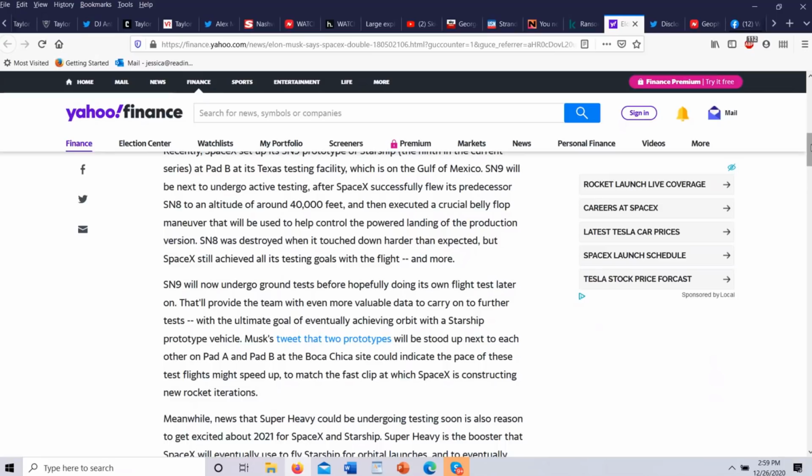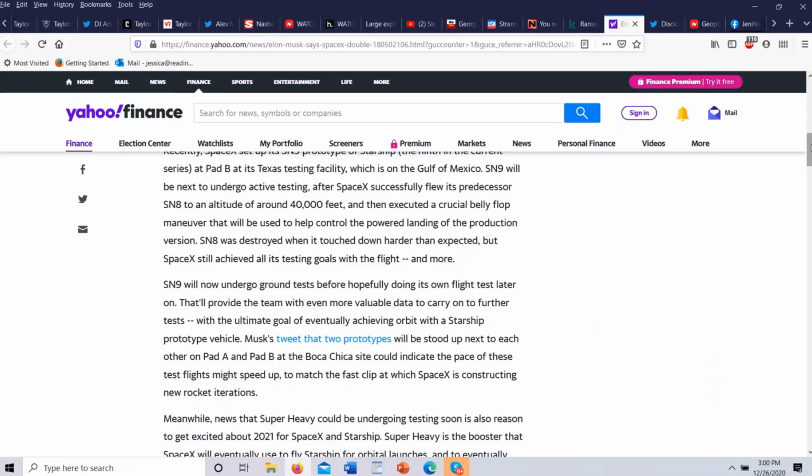The purpose was done, and it needed to be destroyed. I don't want to say satellites, but let's say some sort of background for satellites or something like that, in specific altitudes. They needed to get to certain altitudes, period, end of story.